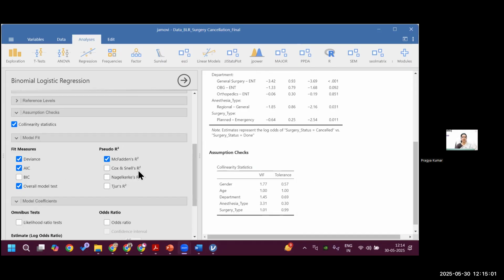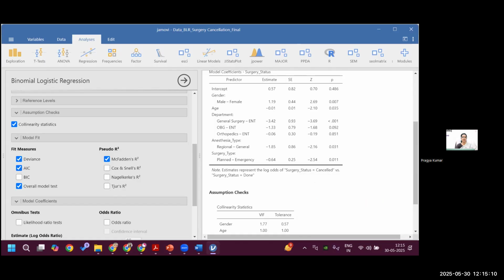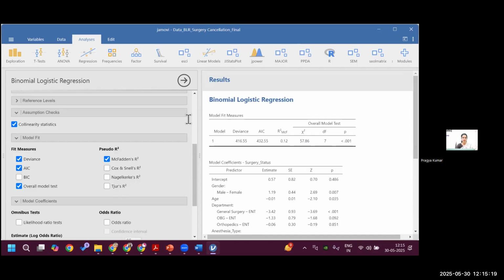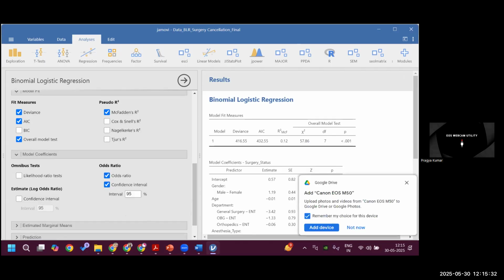There is Nagelkerke R-square, Cox and Snell R-square, and Tjur's R-square. Most commonly we report McFadden because this is the most conservative, and if this is significant, it is an improvement over null. Like if the McFadden R-square is 12 here. Now, first let me put the command, then I'll show the interpretation. And then here, you have to click on odds ratio and 95% confidence interval.